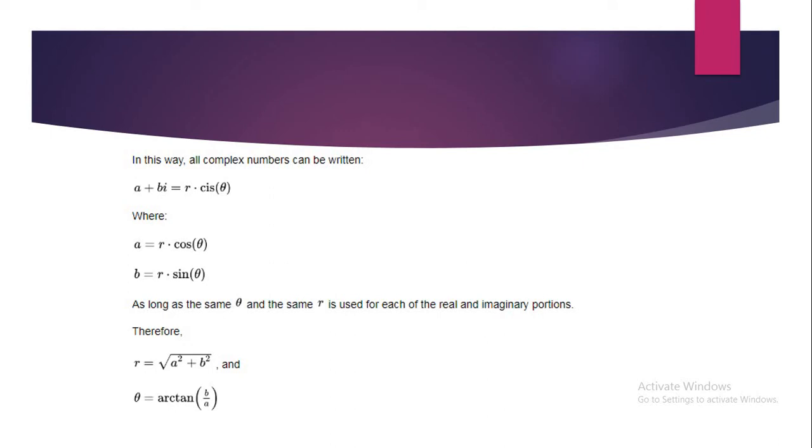As long as the same theta and the same r are used for each of the real and imaginary portions, therefore r, that's the modulus, is equal to the square root of a squared plus b squared.